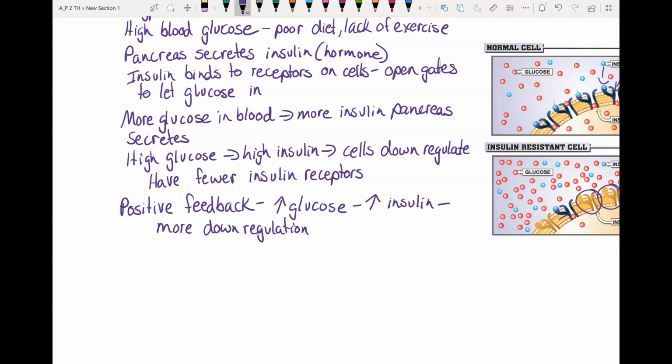And if your cells don't take glucose out of the blood, it builds up to higher levels. So your cells don't respond to the insulin. So this is that whole insulin insensitivity.